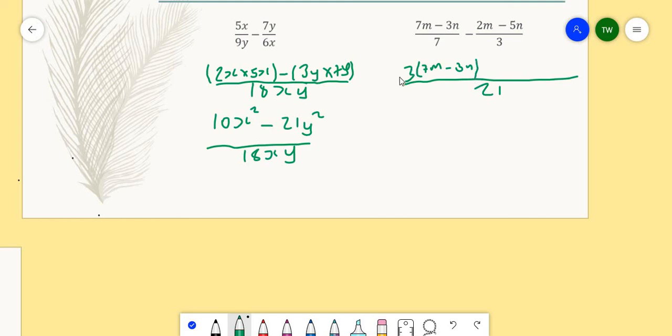Note that this bracket implies multiplication, right? Put back our subtraction sign. And 3 into 21, that's going to give us 7. And we're going to take that 7 to multiply our numerator, which is 2m minus 5n.